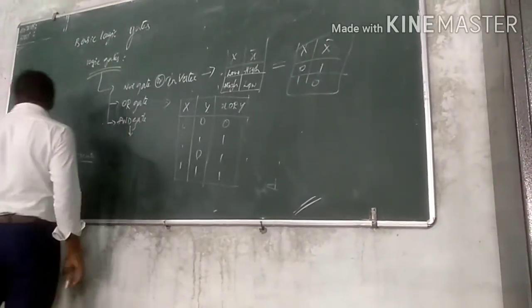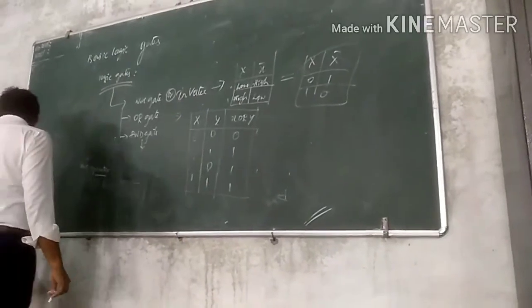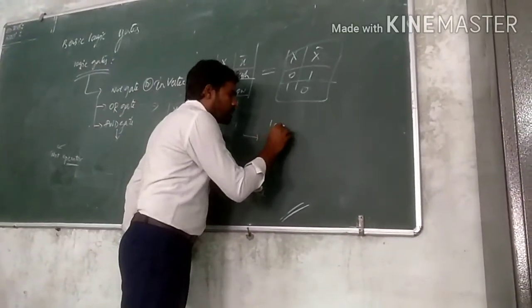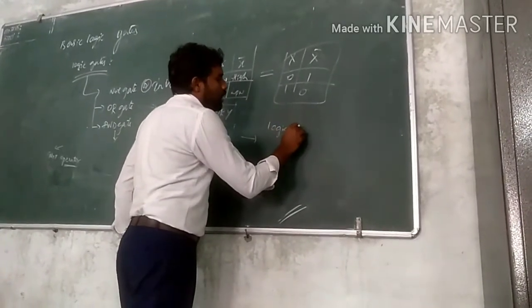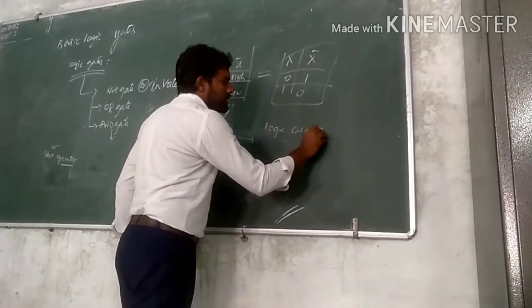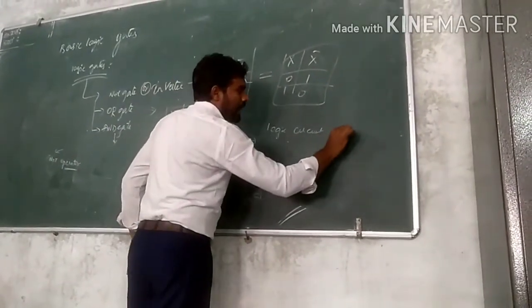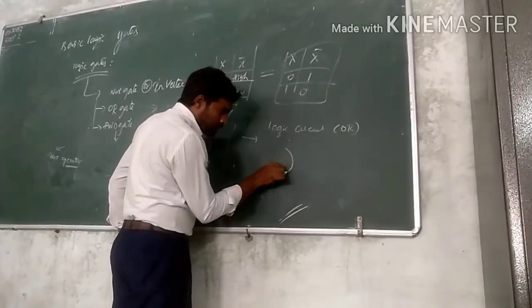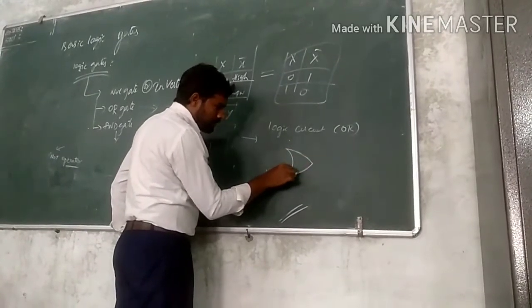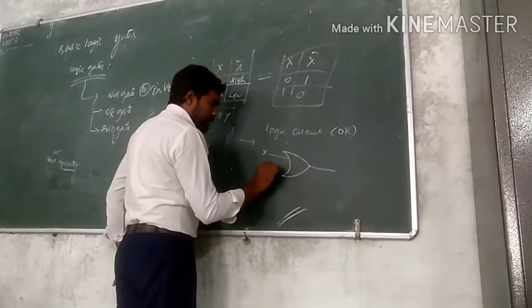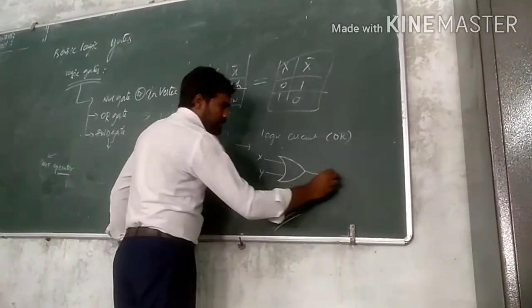Next, we come to the AND gate. Before going to the AND gate, we need to know what kind of logic circuit can be created using this table. For the OR gate, we use a symbol like this. Here we use x and y as inputs and z as the output.